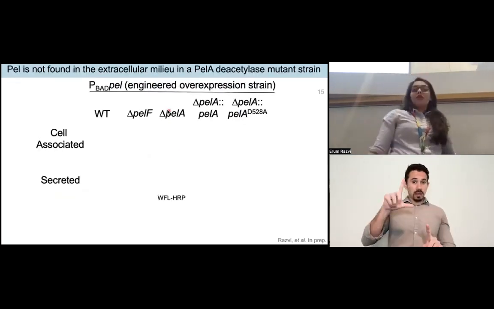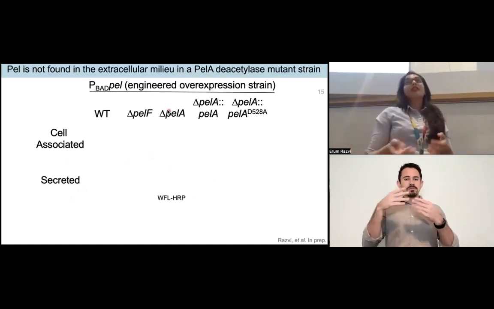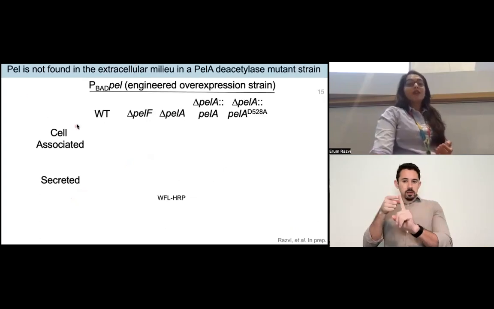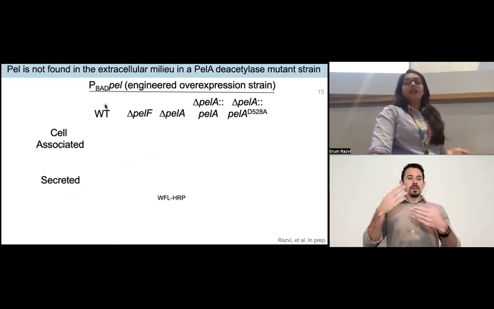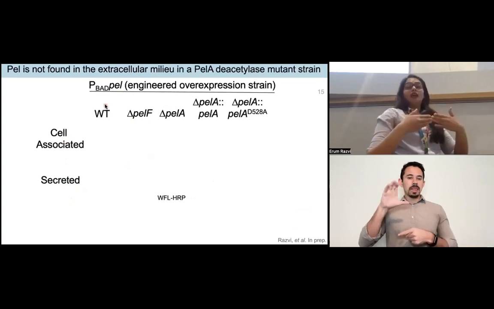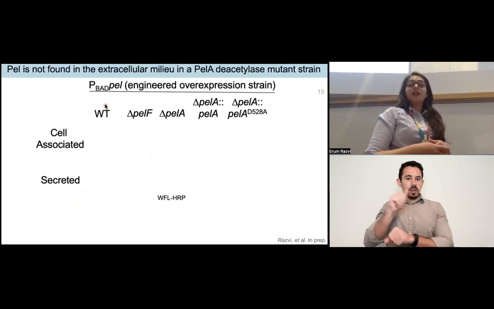So to test this hypothesis and determine if Pel or fully acetylated Pel is exported, I probed the cell-associated and secreted fractions from an engineered Pel overproducing strain, PBAD Pel, and used WFL-HRP, a lectin that recognizes terminal GalNAc. And so this lectin would recognize fully acetylated Pel if it were exported.